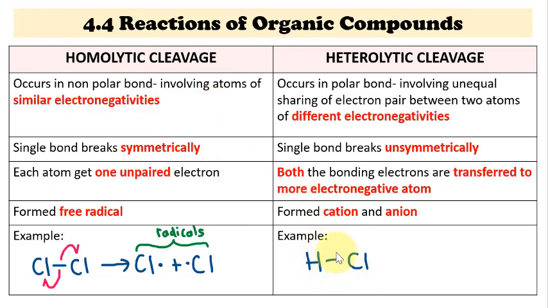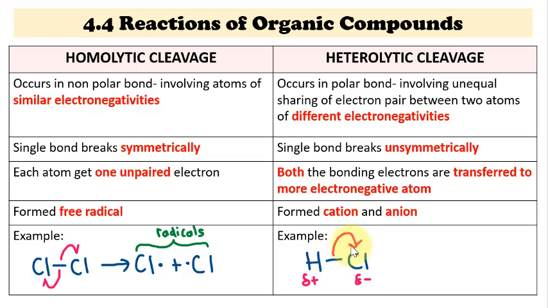When this happens, the single bond will break unsymmetrically, where the more electronegative atom will get both electrons. Since hydrogen is more electropositive compared to chlorine, the two electrons here will go to chlorine.